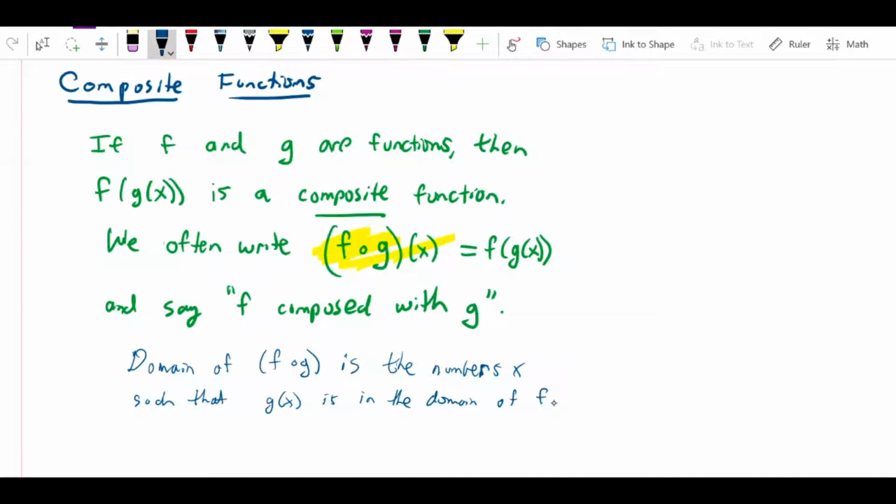It's kind of a mouthful, but it makes sense because in order to get a value here, we have to plug in some value x, which means that it has to be in the domain of g. Then we're going to get a y value out of g, and we have to plug that back into f, which means that first of all, x has to be in the domain of g, and then whatever we get has to be in the domain of f. So both conditions have to be satisfied in order for a number x to be in the domain of f composed with g.